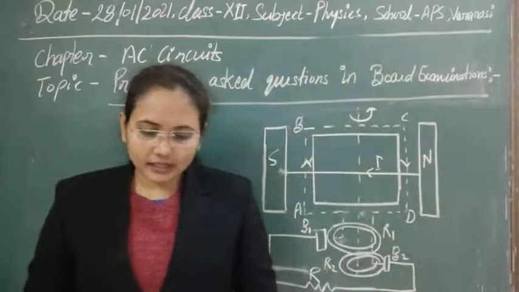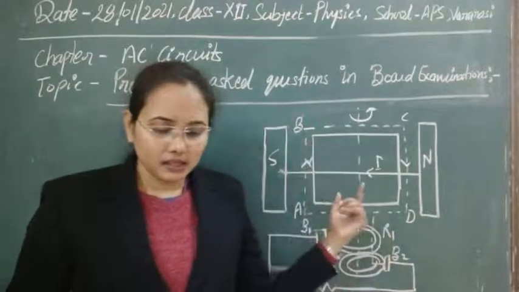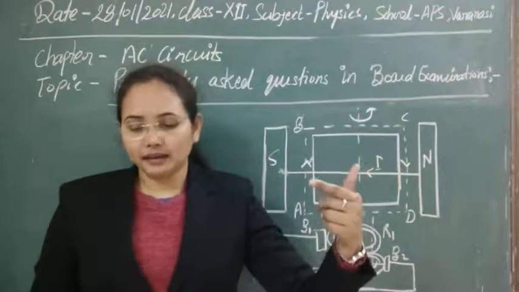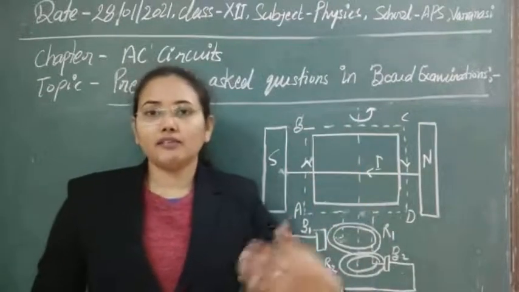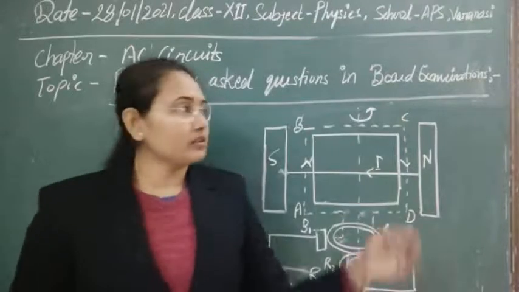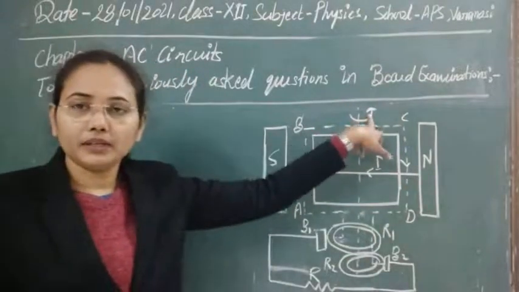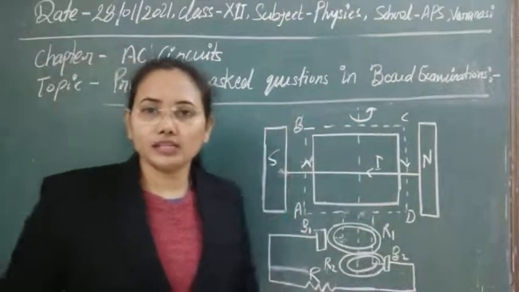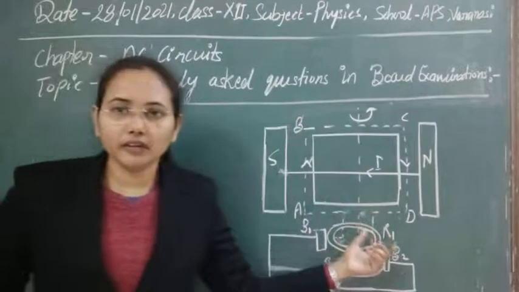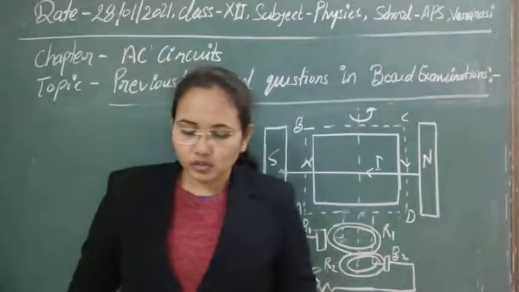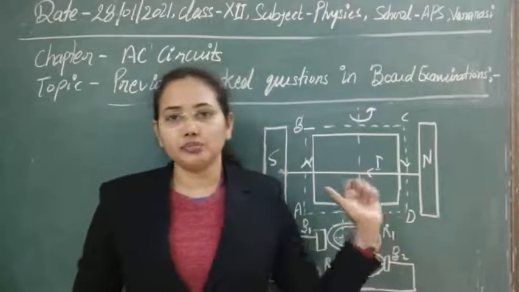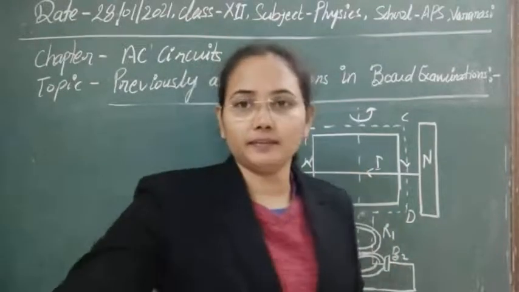The coil of the AC generator has N turns, each of area A. So each turn has area A, and obviously the total area will be N times A, and it is rotated with a constant angular velocity omega. Clear? So it is rotating, and due to that rotation theta is changing, and due to change in theta there is production of electromagnetic induction here. So we have to deduce the expression for the EMF produced with the help of this AC generator.